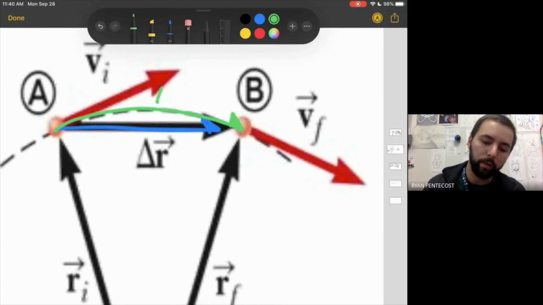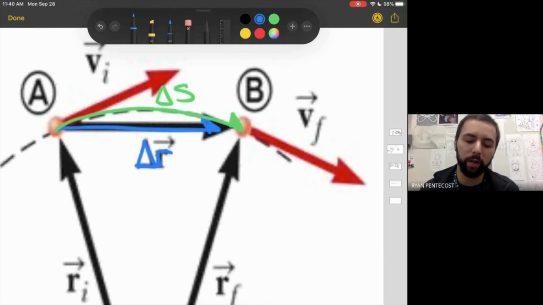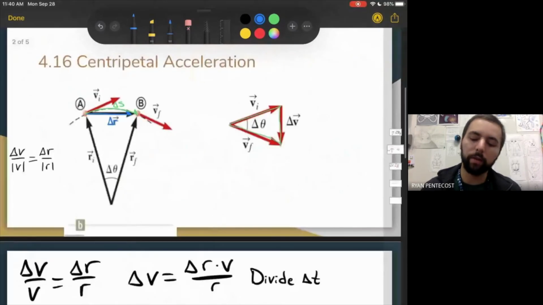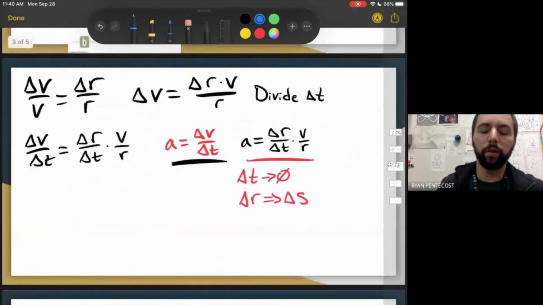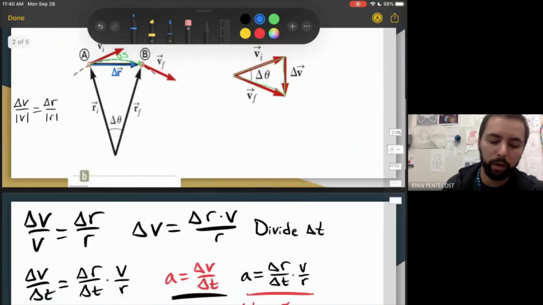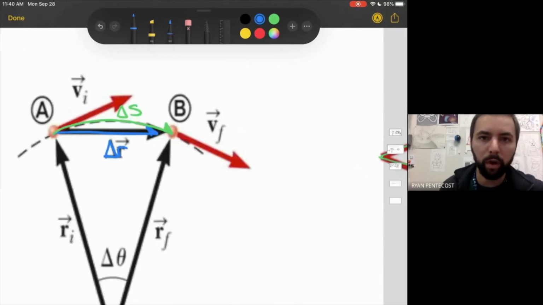So we don't want delta R if we're trying to say velocity. If we look down here, you can see that we've got a delta R over delta T. You would think that that would equal velocity, but it doesn't, because if we look at the path the velocity took, the velocity didn't jump across that blue line. It went across the arc.